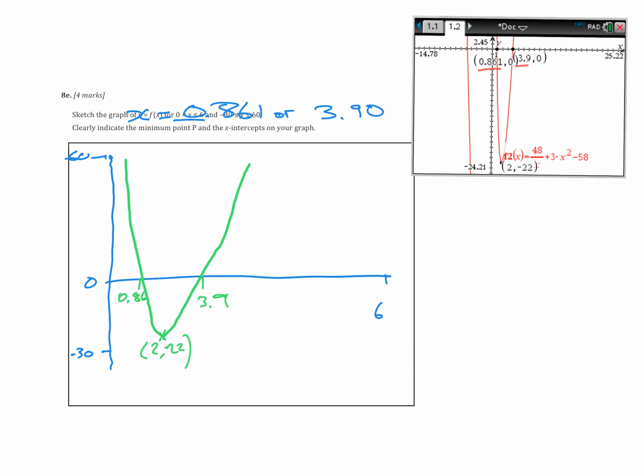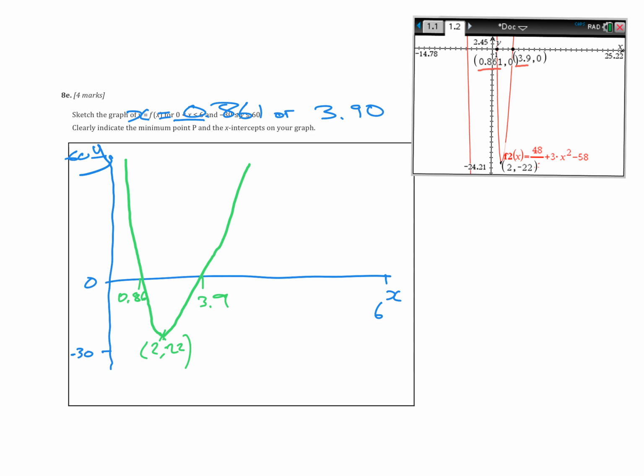Let's just have a quick look at the mark scheme, what it's looking for. What's listed here is award A1 for the correct window. The axes must be labelled. Of course I did that. X-axis, Y-axis.